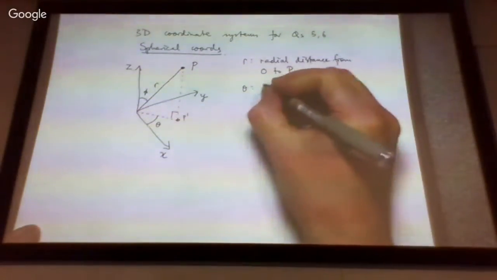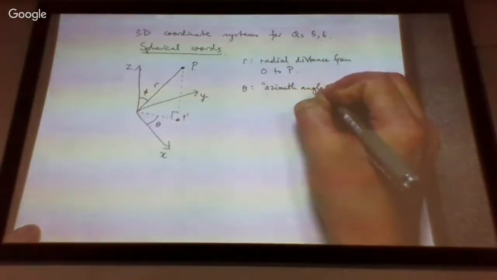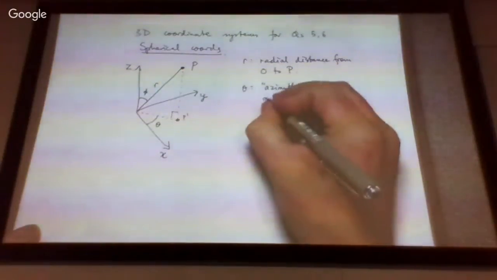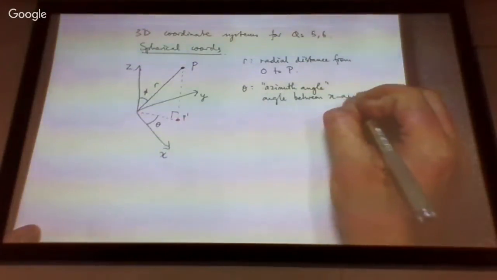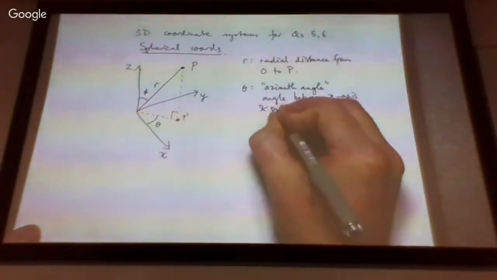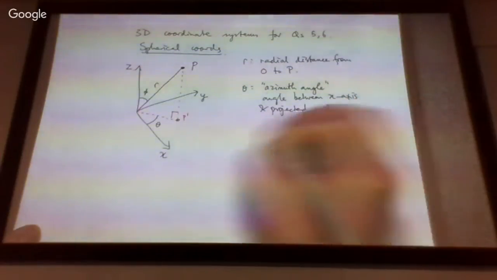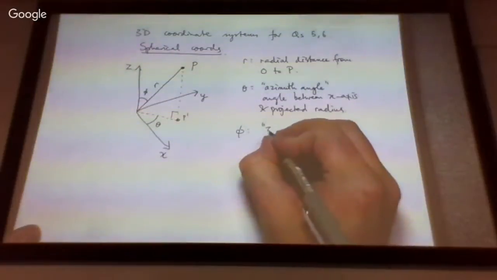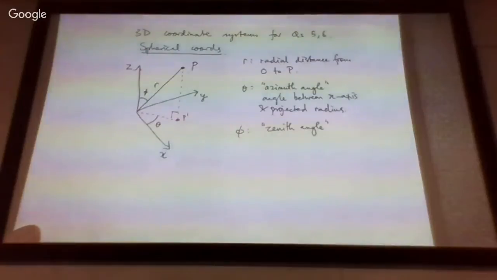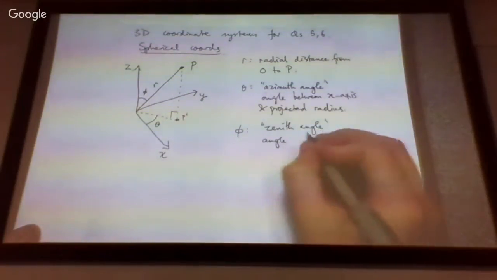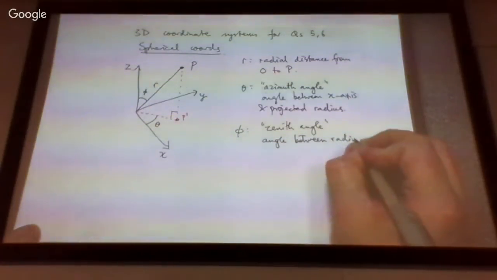Theta, which is called the azimuth angle, is the angle between the x-axis and the projected radius. And phi, which is called the zenith angle, is the angle between the radius and the z-axis.